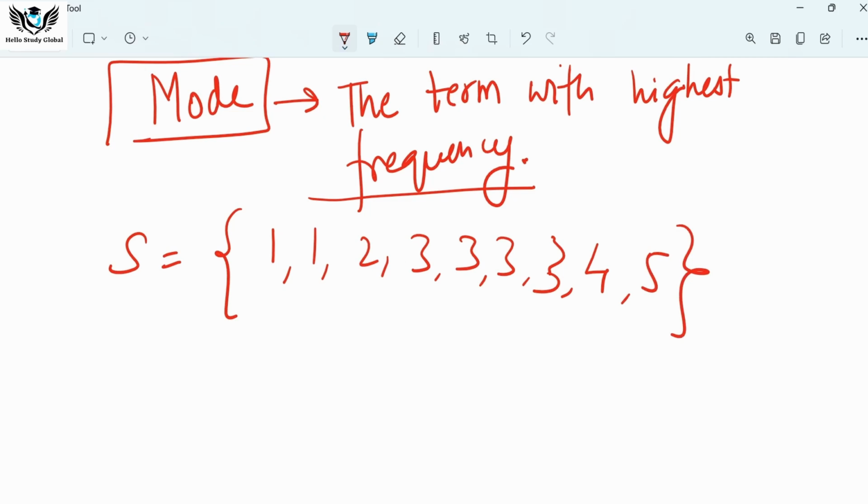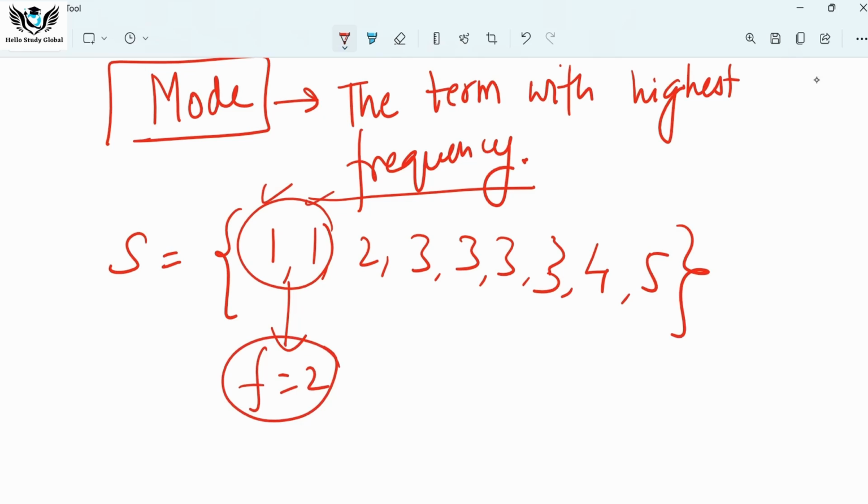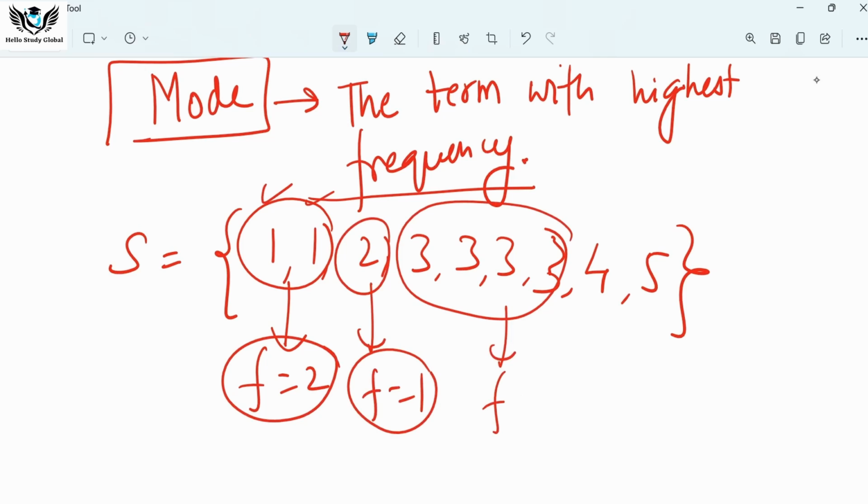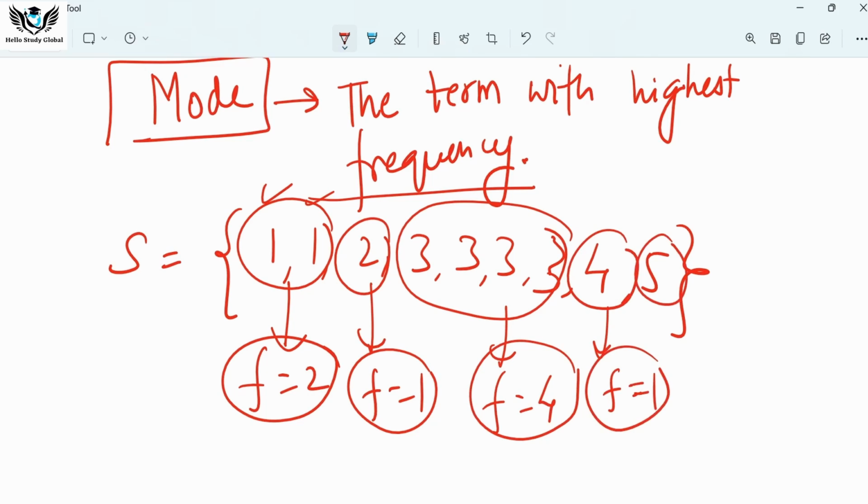Now if we see the frequency, the term 1 has frequency 2 because it has occurred 2 times. The term 2 has frequency 1. The term 3 has frequency 4. The term 4 has frequency 1. The term 5 has frequency 1.